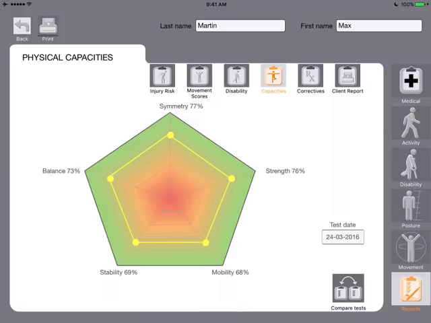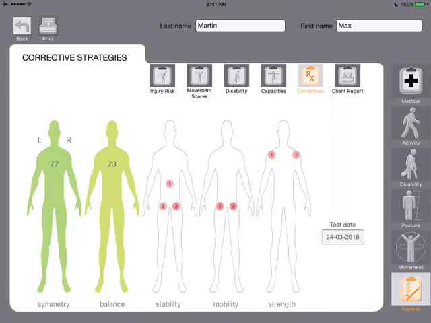So degrees of stability or instability are matched by degrees of mobility or tightness around that instability. This gives us an overall picture of that individual, and the greater capacity that we need to focus on. But from there, we can start to break it down in our correctives to those capacities per joint complex.